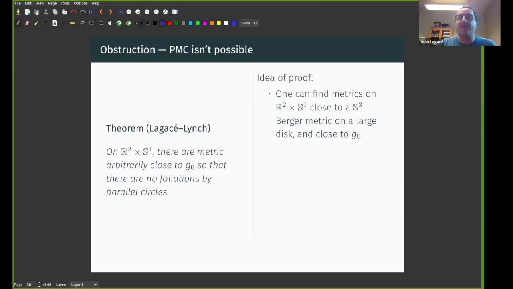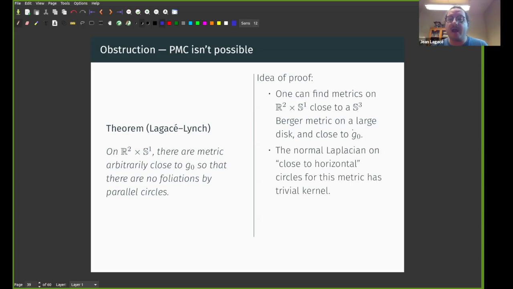And if you cut off a small disk from an S3 with the Berger metric, you can view this as a subset of R2 cross S1 and put a metric on this R2 cross S1 that will resemble, in a large open set, the Berger metric on this S3. The Berger metric comes with a parameter. If you choose this parameter well, you can also make this metric be close in, say, C10 norm, if you want, to the Euclidean metric, or the standard metric on R2 cross S1.